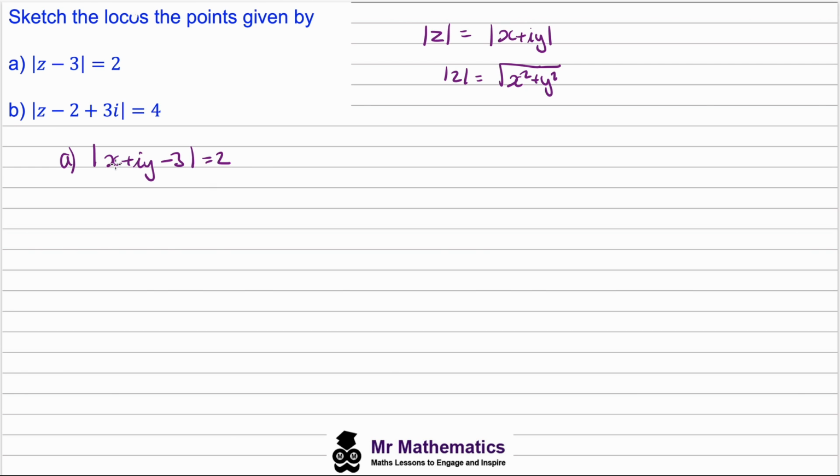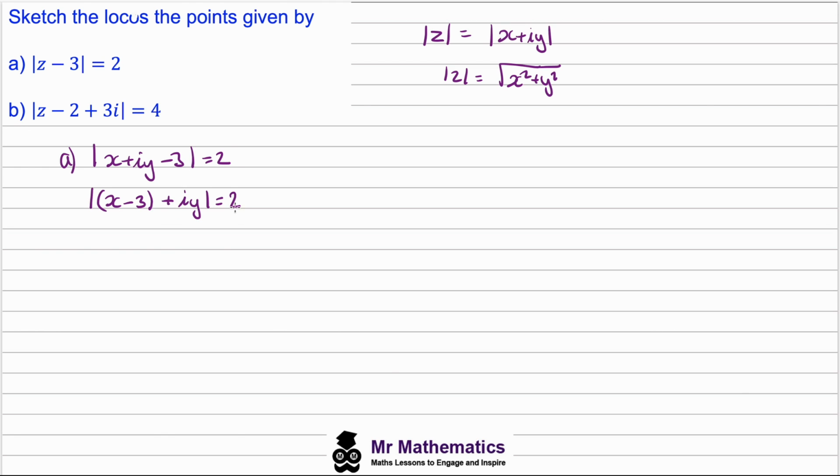And now we've got a collection of real parts, the x and the negative 3, and the imaginary parts, y. So if we group these together, we've got the magnitude of x minus 3, which are the real parts, so I'll put this in brackets, plus the imaginary parts, iy. And again, this equals 2.